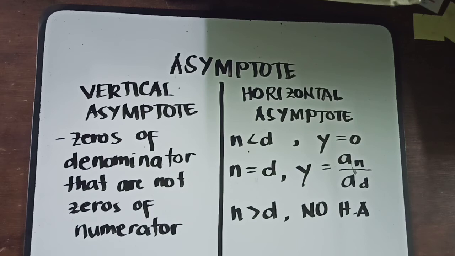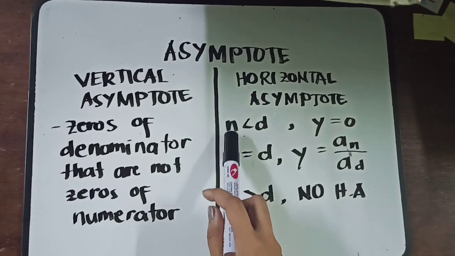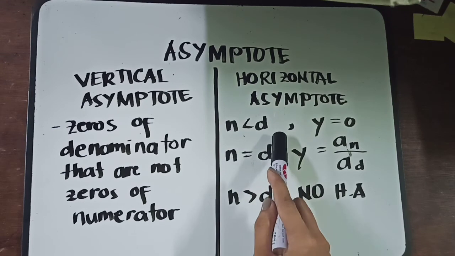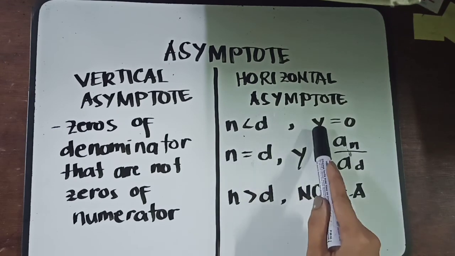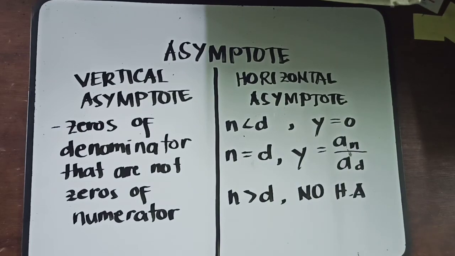And in horizontal asymptote, so in finding horizontal asymptote, you need to look for the degree of the rational function. And we have these three conditions na kapag ang degree ng numerator is less than the degree of the denominator, your horizontal asymptote is automatic equal kay 0.